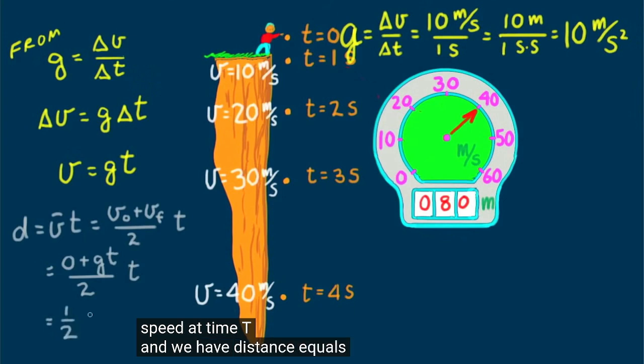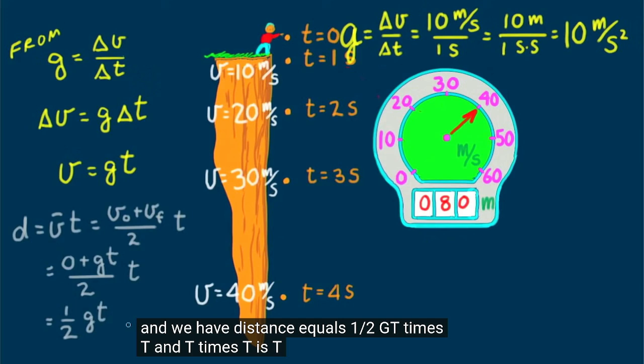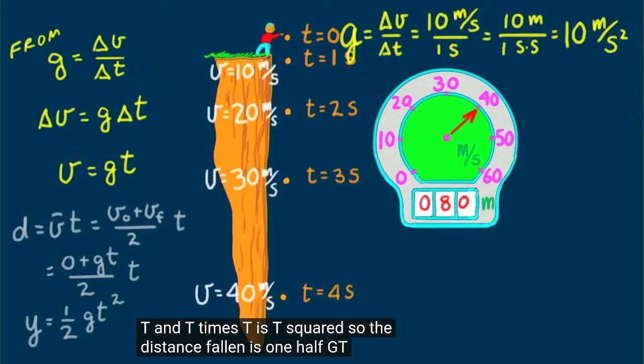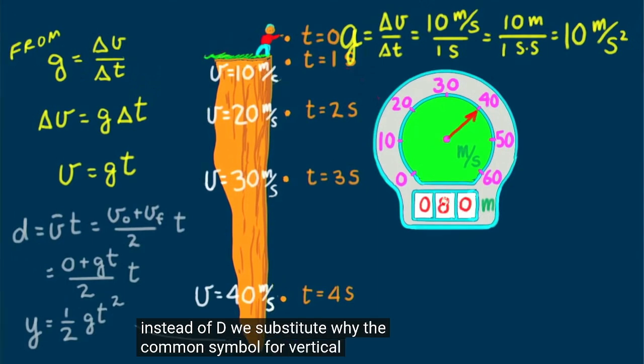And we have distance equals 1/2 gt times t, and t times t is t squared. So the distance fallen is 1/2 gt². Instead of d, we substitute y, the common symbol for vertical distances.